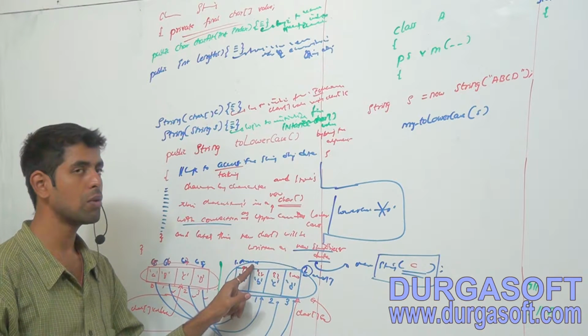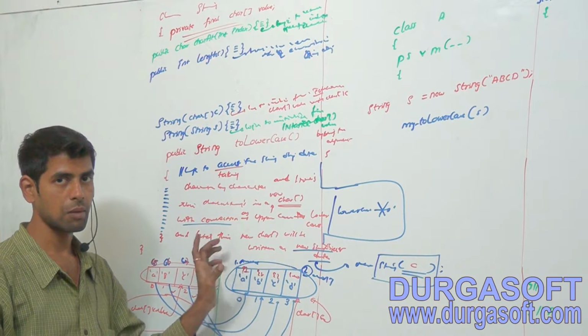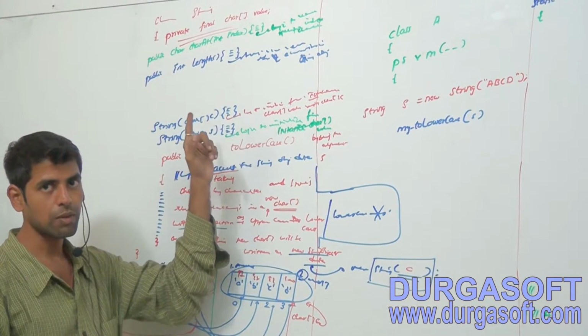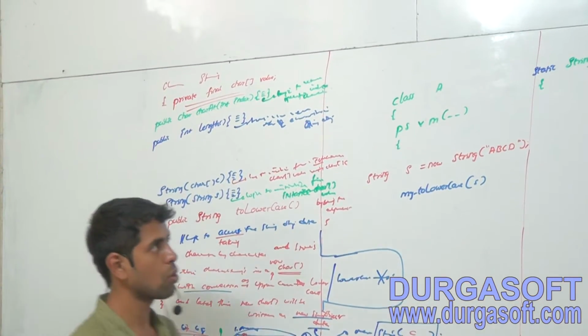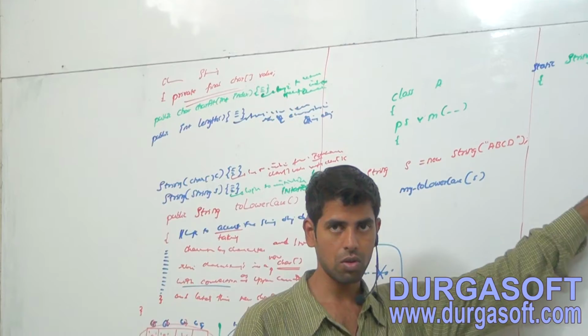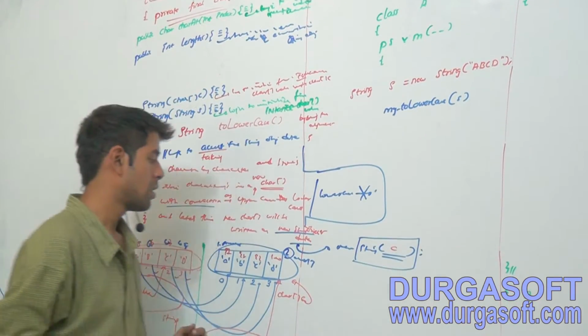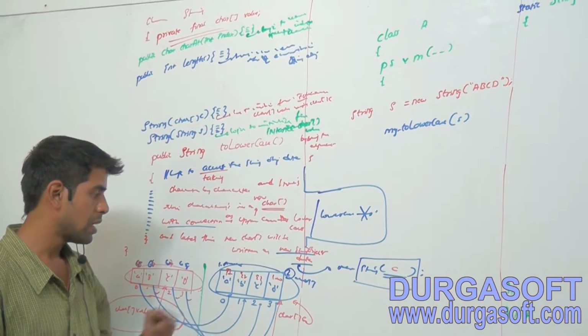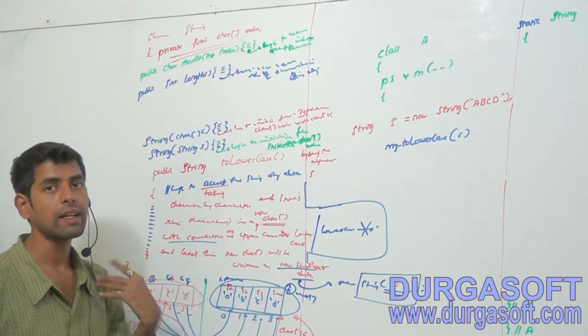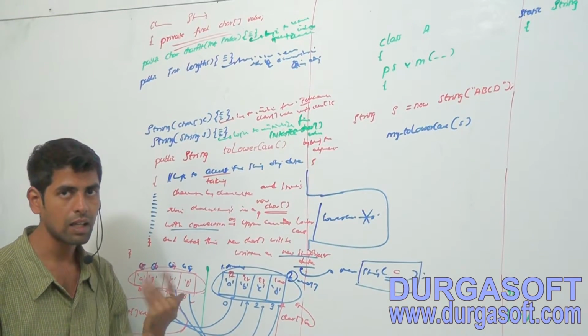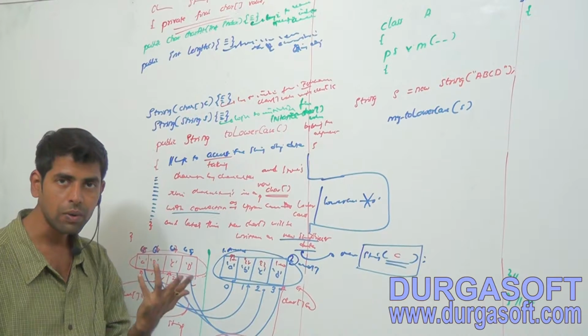I'm switching from these predefined methods to our own code. I'm developing the code, concentrate. Now here, first I want to access the data. Yes or no? Yes, I want to access.